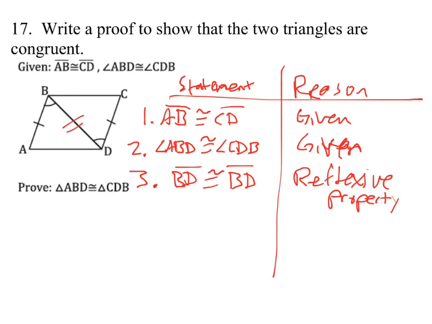And now we have some things established. We have two sides and the angle between them. So really we have side, angle, side. So we have completed that: triangle ABD is congruent to triangle CDB by side, angle, side. And there's a little two-column proof there.